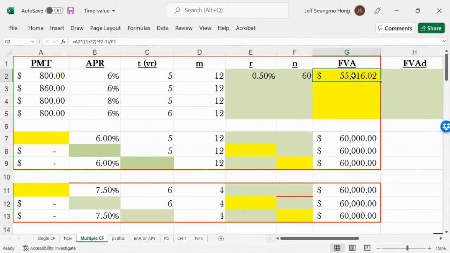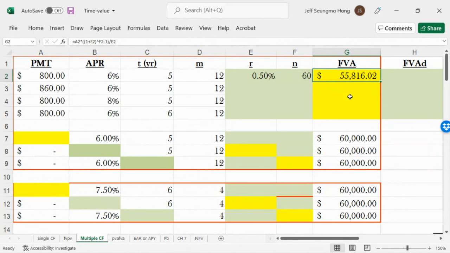Right, 60,000. Yes, you need 60,000. So have we satisfied or met that goal? Have we met that goal? No, we haven't.